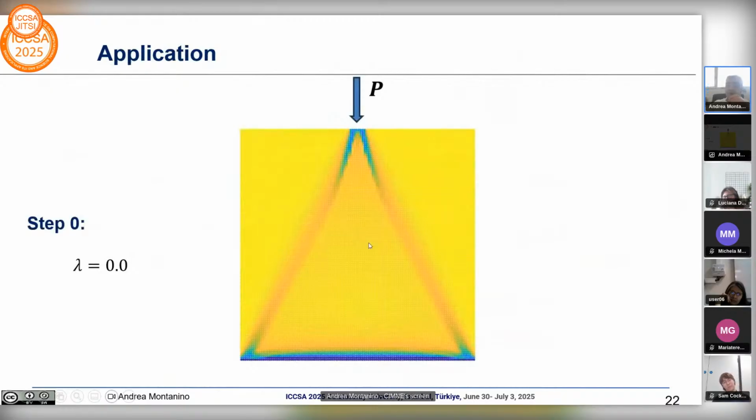Here we are studying the case of a panel under a concentrated load on the top. We see the formation of two diagonal stress bands, which represent stress singularities. And so we here see the capability of the method to reproduce also stress singularities, but we can increase gradually the horizontal loads and see that the internal structure changes as far as we change the applied load on the structure.